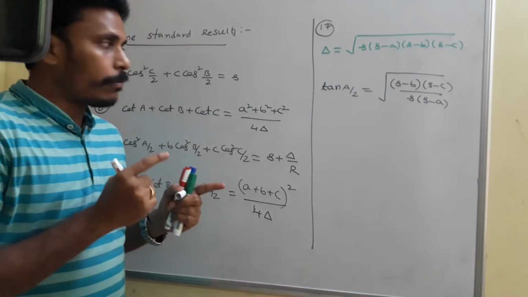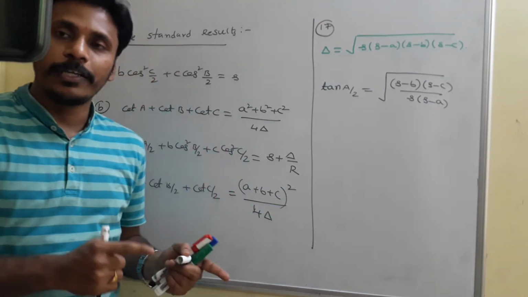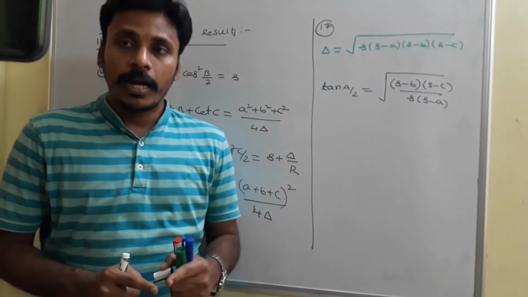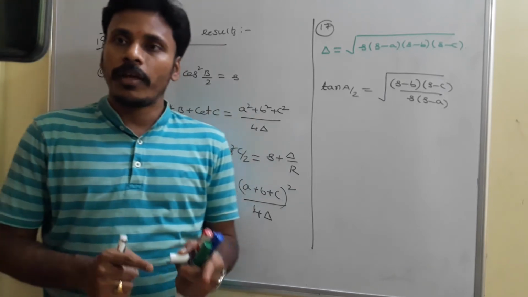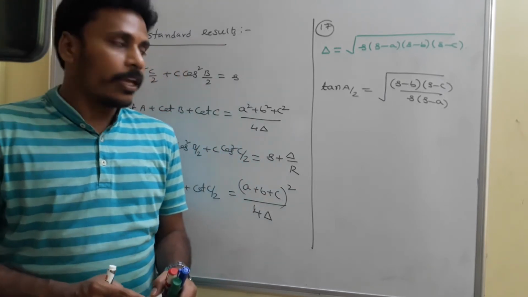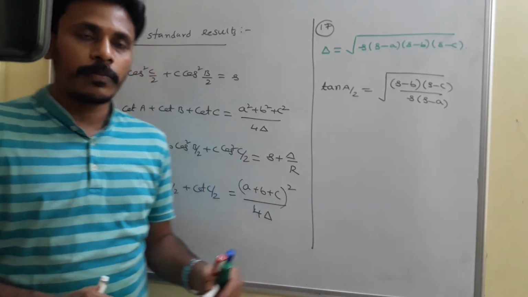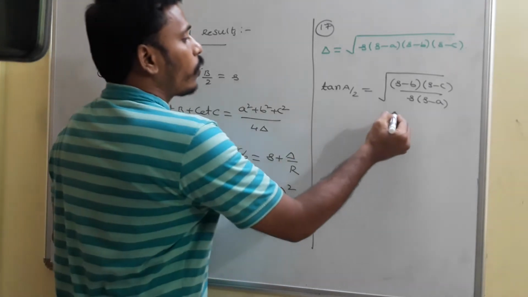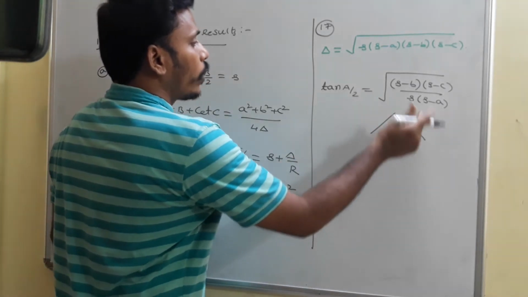So sin A by 2 is root of s minus b into s minus c by bc, and cos A by 2 is root of s into s minus a by bc. If you divide them, tan A by 2 is this. Now we have two different possibilities to rewrite this.